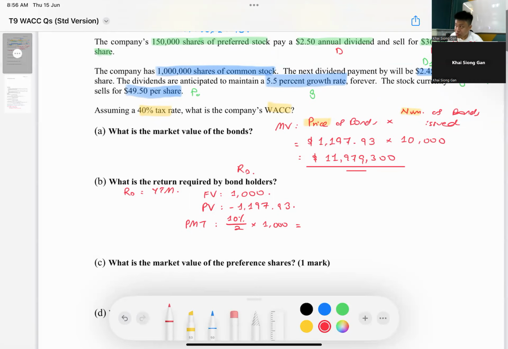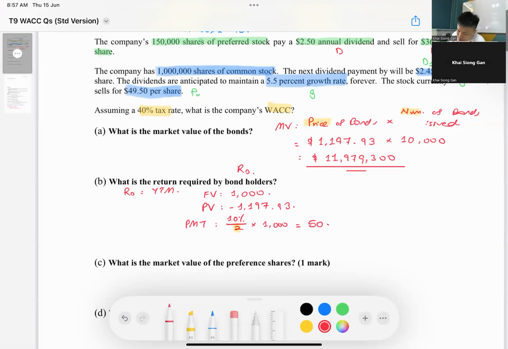So 10% divided by 2 is 5%. 5% times 1,000 is 50. Or you can do it another way: use 10% times 1,000 first and then divide by 2. You must divide by 2 because it's semi-annual.